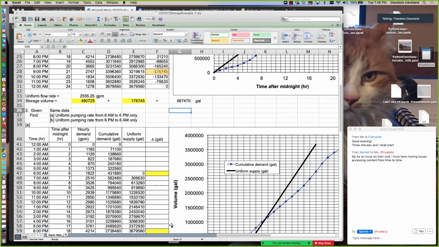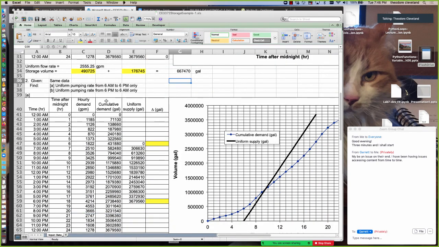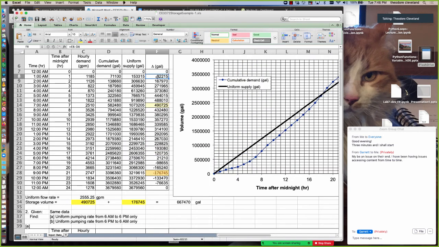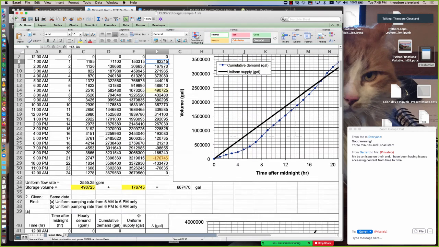If we use the same data and we start at 6 a.m. to 6 p.m., we can copy the same logic.